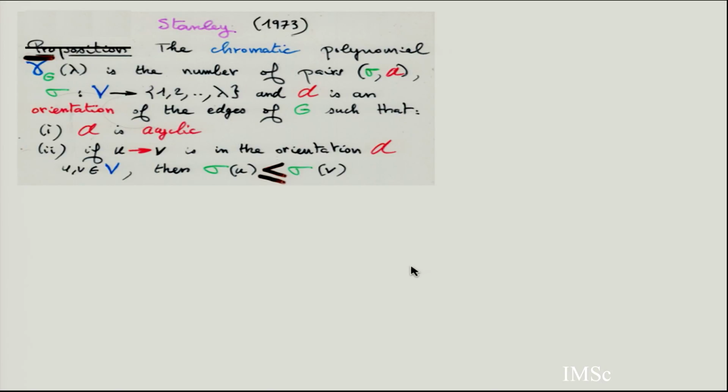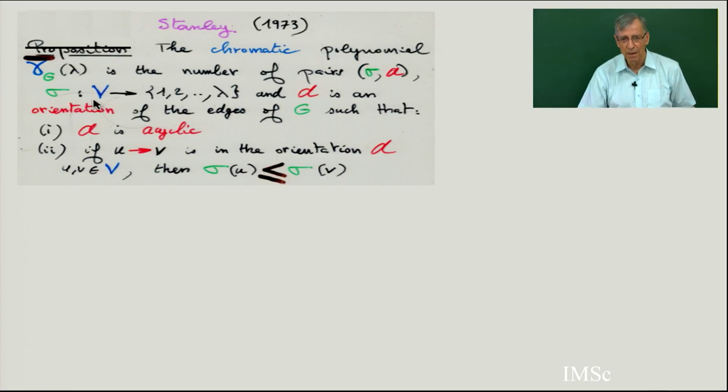So, second exercise. Stanley in his paper, to prove that the chromatic polynomial for lambda equal -1 was the number of acyclic orientations up to the sign, introduced this new condition.